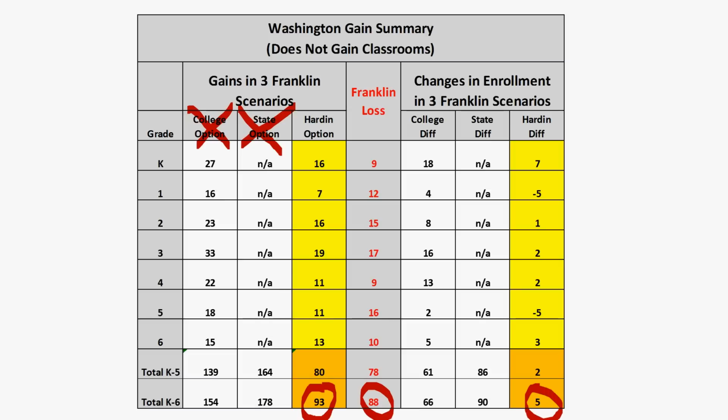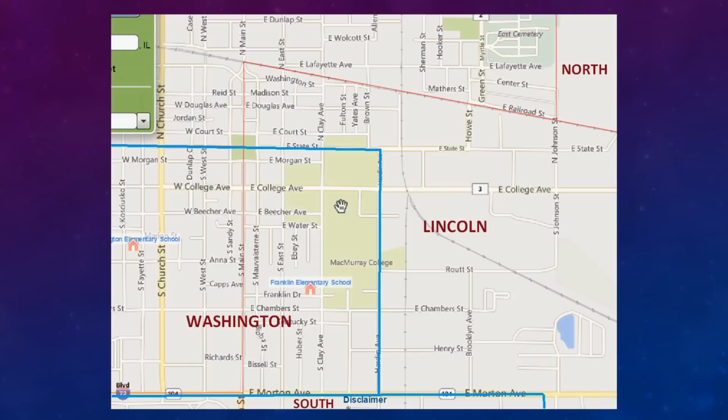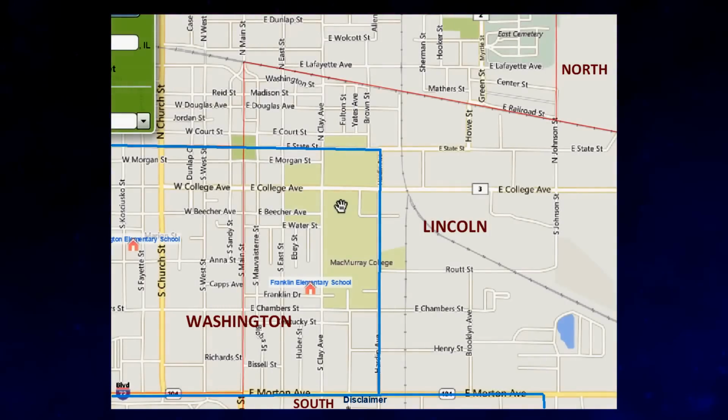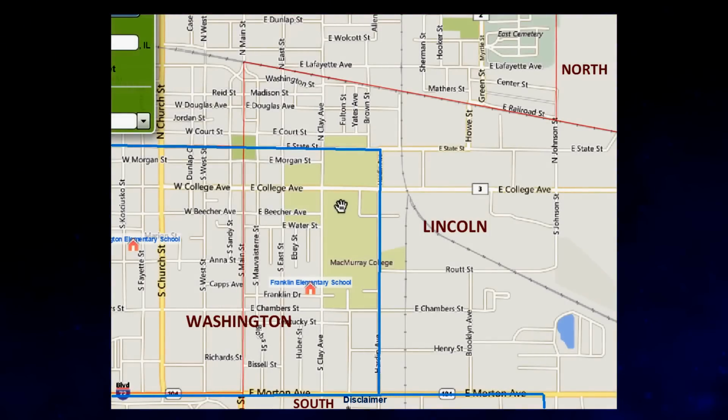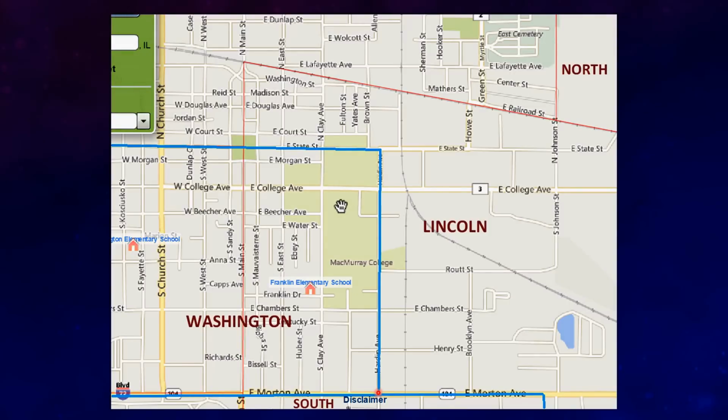And this is a workable solution. This data supports the Hardin option, which would establish a new Washington boundary that would continue down State Street to Hardin, and then it would go down Hardin to Morton Avenue.